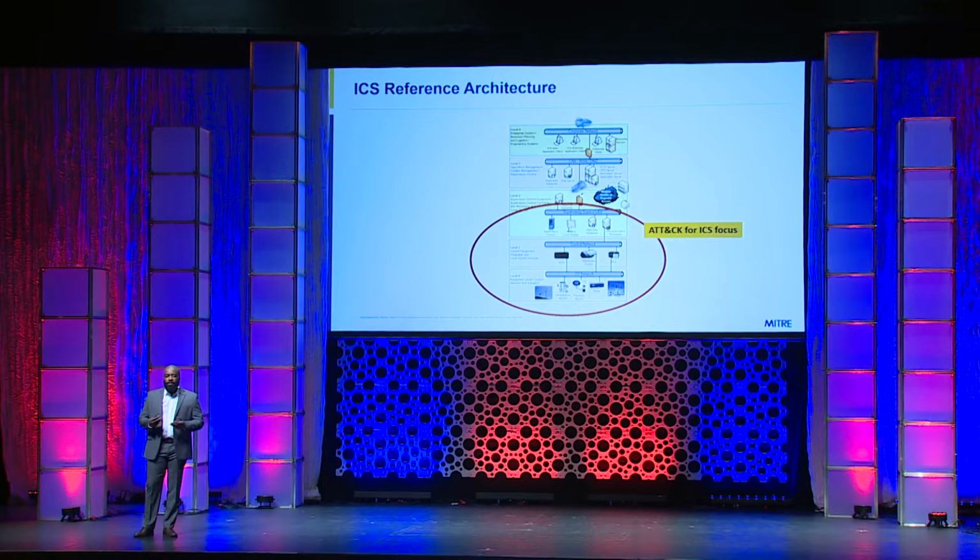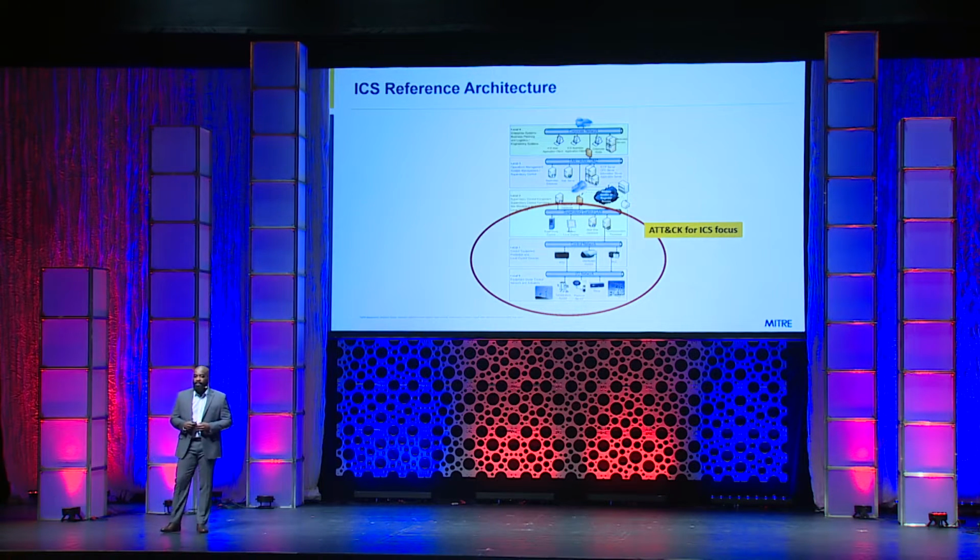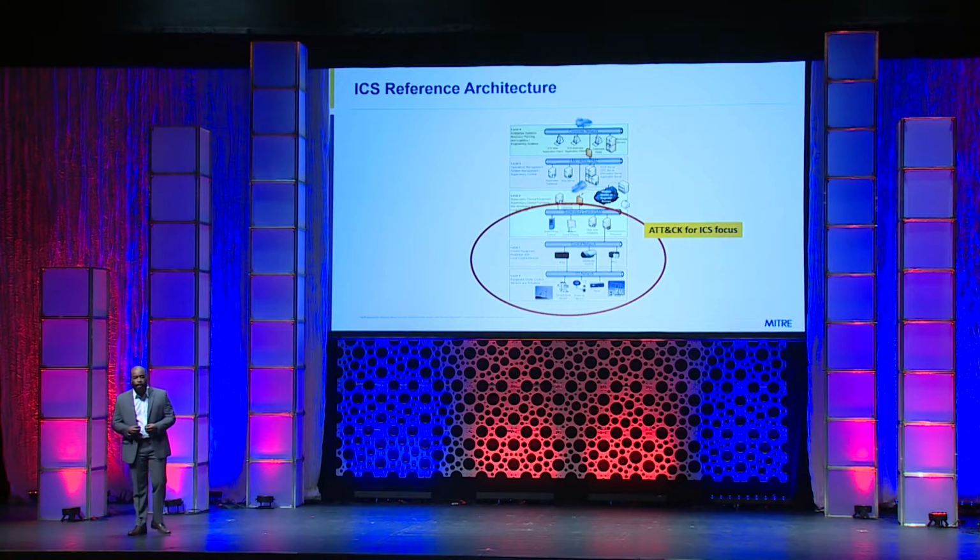So this slide really highlights what our focus is in terms of ATT&CK for ICS. Just to give you a little background, when we look at an incident, we break it down first with the Enterprise ATT&CK model, and we go as far as we can with that model in order to describe the TTP of the adversary.